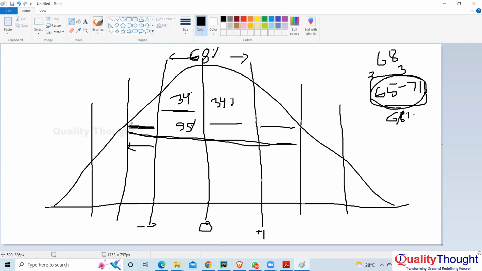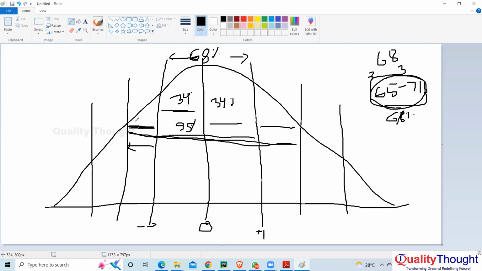It is 95 minus 68, because this is divided by 2, isn't it? So 13.5%. So this is your 68. 95 is total. 95 minus 68 will give us this and this, and these are equally distributed.